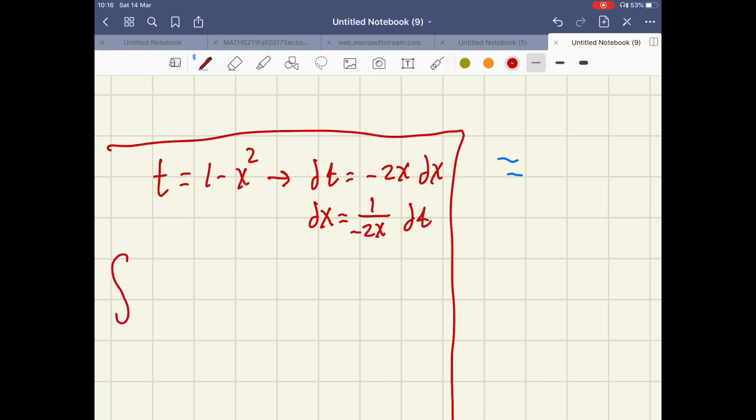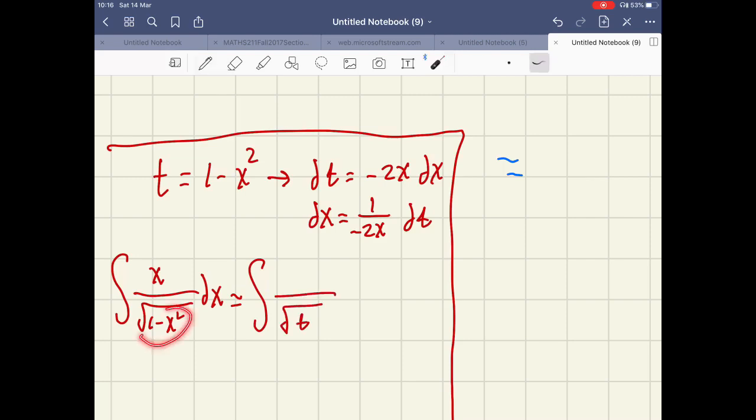Now, if you want to find the integral of x over square root of 1 minus x squared dx, we do the substitution. This would be just square root of t, because this is just t. The x in the top will stay x in the top. Now, how much dx? dx is this one. So we write it down here, and it will be 1 over negative 2x dt.